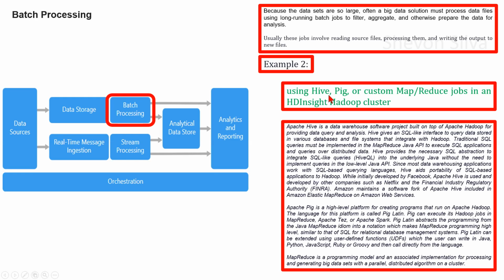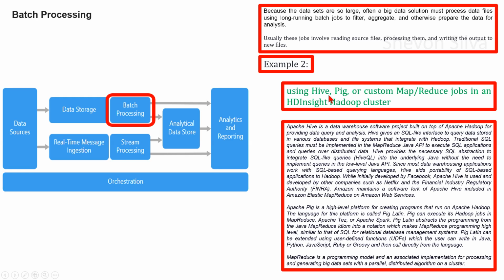Traditional SQL queries must be implemented in the MapReduce Java API to execute SQL applications and queries over distributed data. Hive provides the necessary SQL abstraction to integrate SQL-like queries, HiveQL, into the underlying Java without the need to implement queries in the low-level Java API.